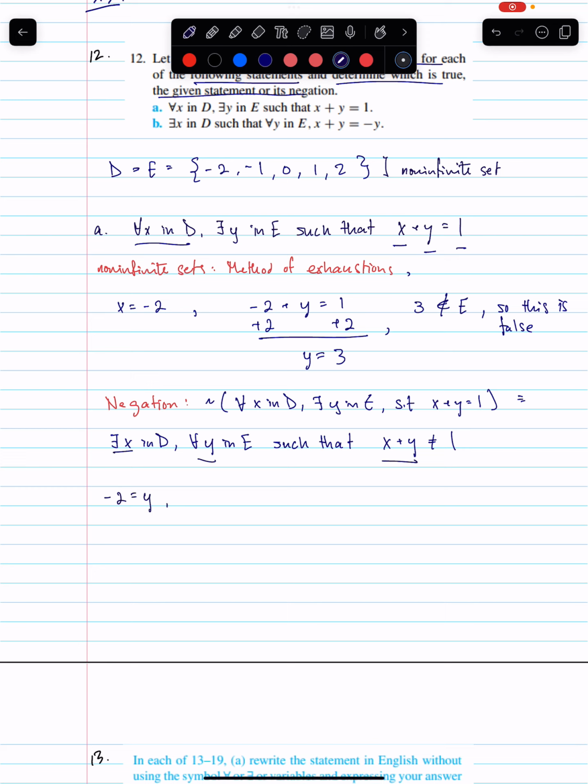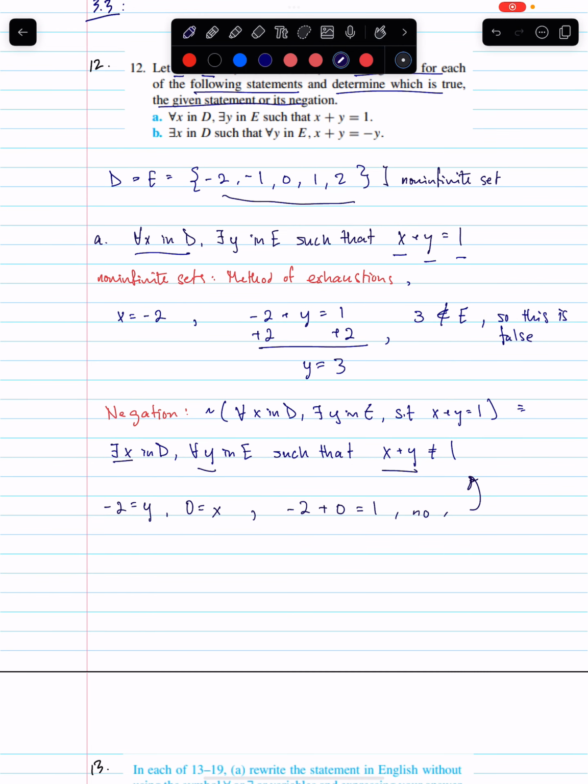There exists some x, so it doesn't have to be every x in D, just some x. So let's just say 0 equals x. Does -2 plus 0 equal 1? No. So that statement is true. And you'll find that if you try every other combination, if you keep going through all the elements in here, you'll find that this negation is actually true.